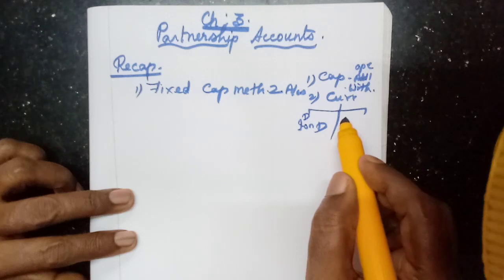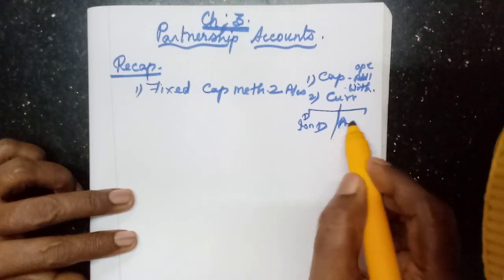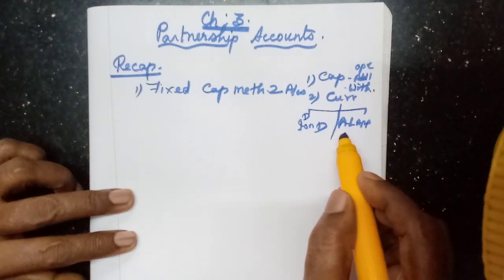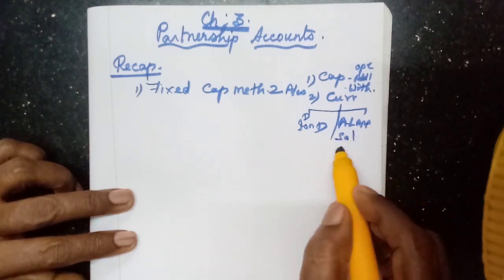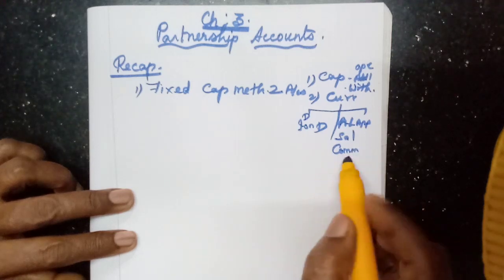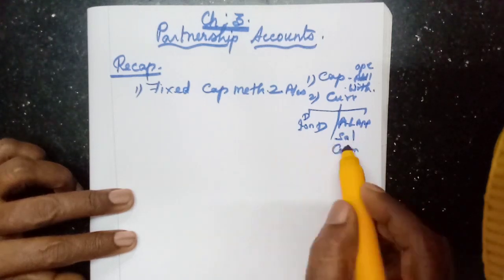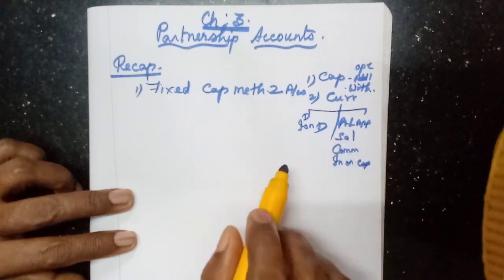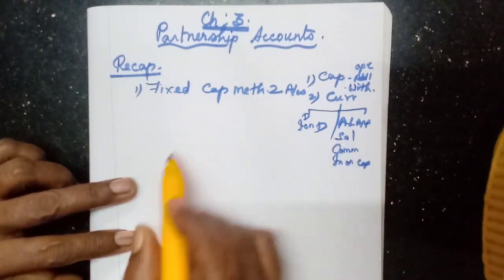Then share of profit from the profit and loss appropriation account, salary paid to the partners, commission paid to the partners, then interest on capital. All these will be entered. That one we know.